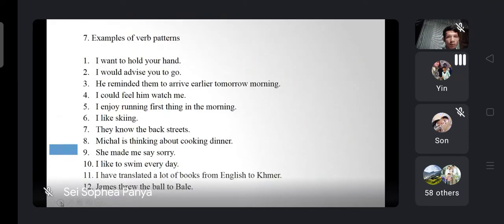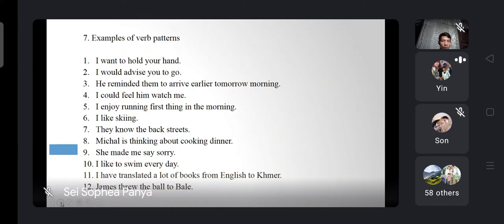So here is my last point, and I will show you examples of the verb patterns. Verb patterns have many forms that you can see on the slide. One, I want to hold your hand. 2, I would advise you to go. 3, he reminded them to arrive early tomorrow morning. 4, I could feel him watch me. 5, I enjoy running first thing in the morning. 6, I like skiing.